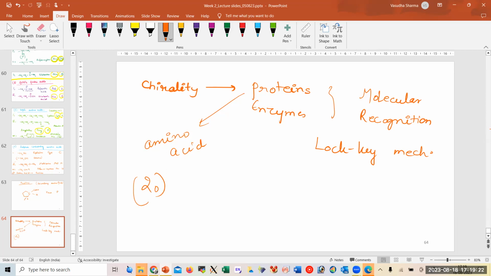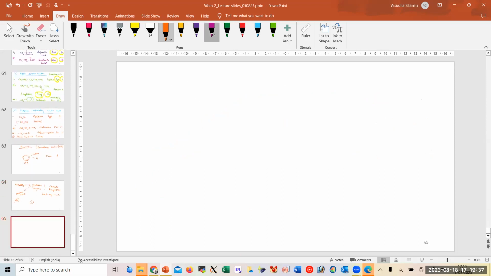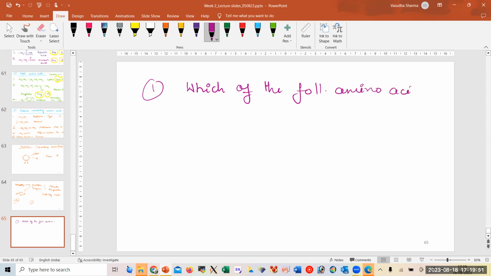For example, the question can be asked like: among the following amino acids, which one belongs to the acidic group? Say for example, the question is: which of the following amino acids belong to the aromatic class?